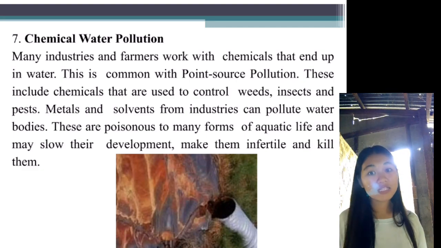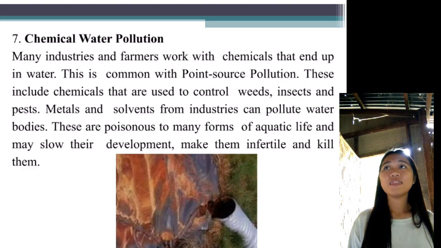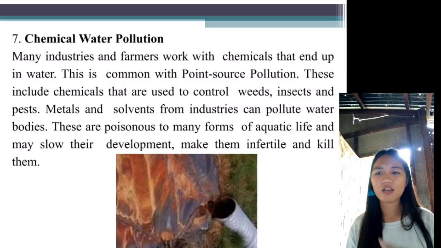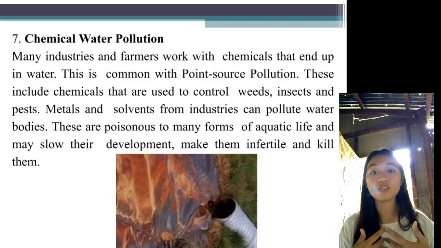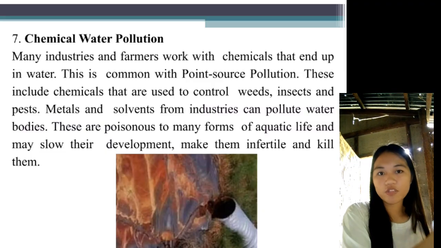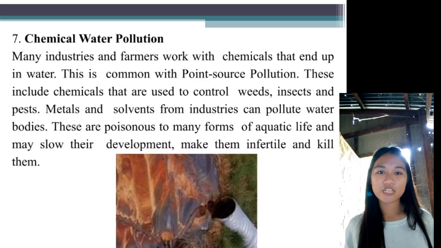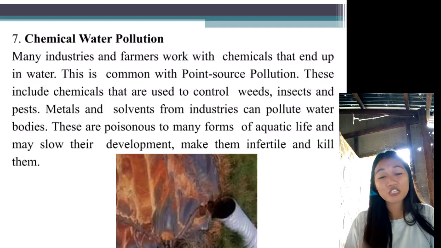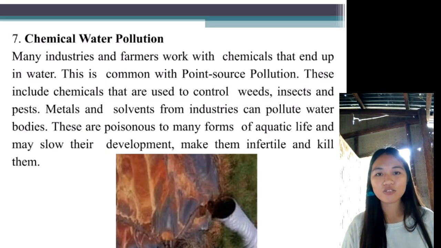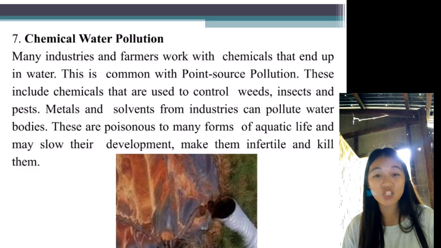And though humans have good intentions when we use these types of chemicals, to improve the growth of farms, there are pros and cons, and unfortunately sometimes the disadvantages outweigh the advantages.